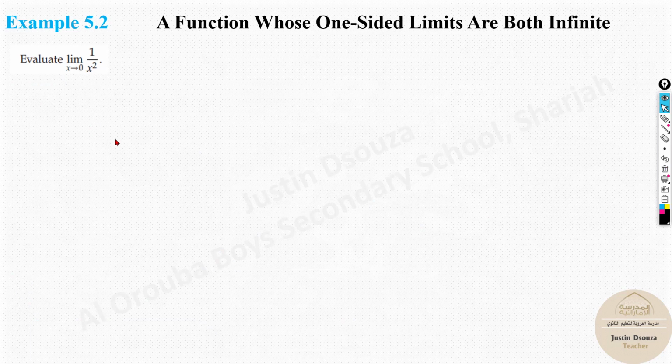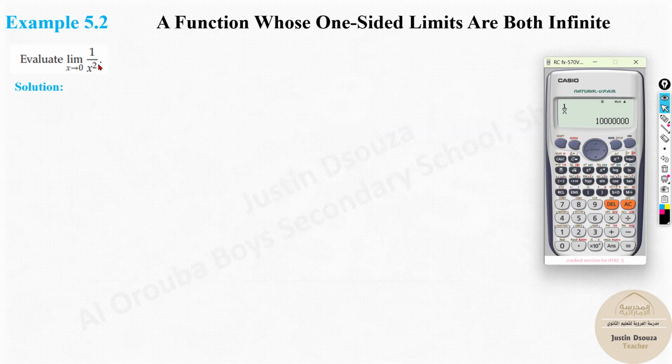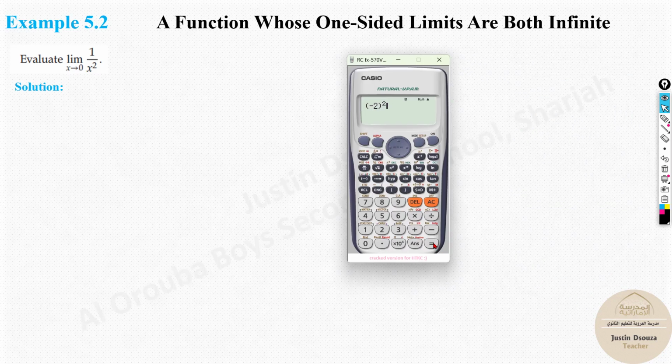Now here then, same problem, but we have an x squared. What happens with a square? Whenever you have an even power, whether it's square or to the power 4, 6, 8, 10, what happens? Let's just see it. Imagine you have a negative value. Square it. It's going to be positive.